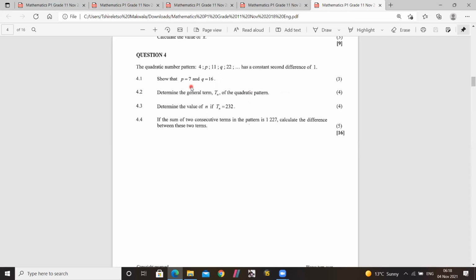So let's do this question. It says a quadratic number pattern has a constant second difference of 1. Show that p is equal to 7 and q is equal to 16. Do you agree for a quadratic number pattern, they will give you a pattern like this one here.